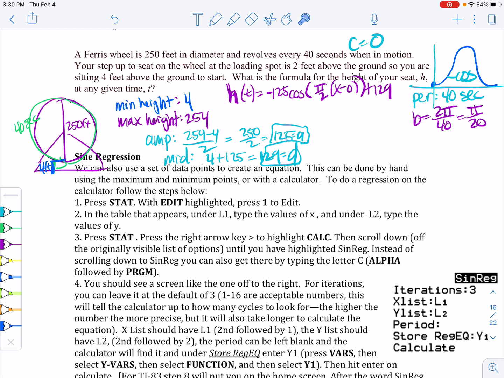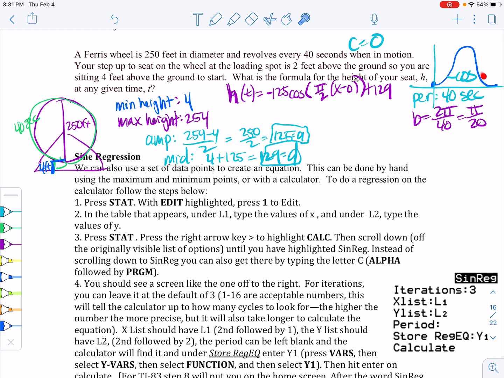Notice I created the picture to figure out where my max and min were. Once you have your max and min of your heights or your y values, you can find both your amplitude and your midline, and you have half the numbers that you need. Then you need to figure out either from the situation or from x values what the period is. Then you can find your b value.